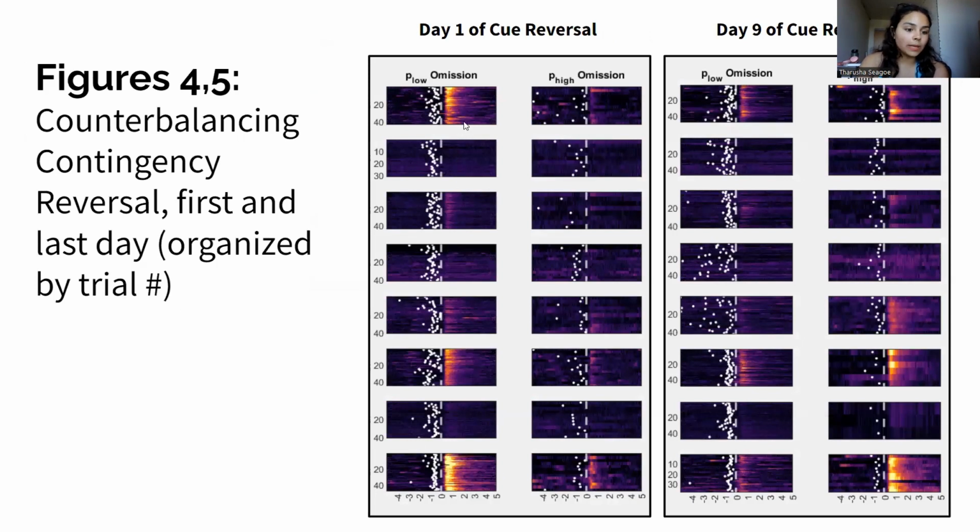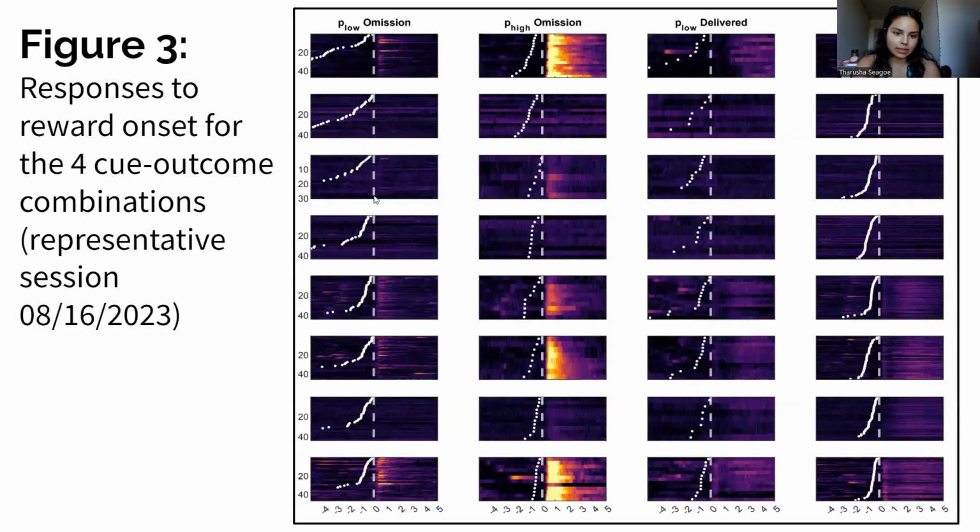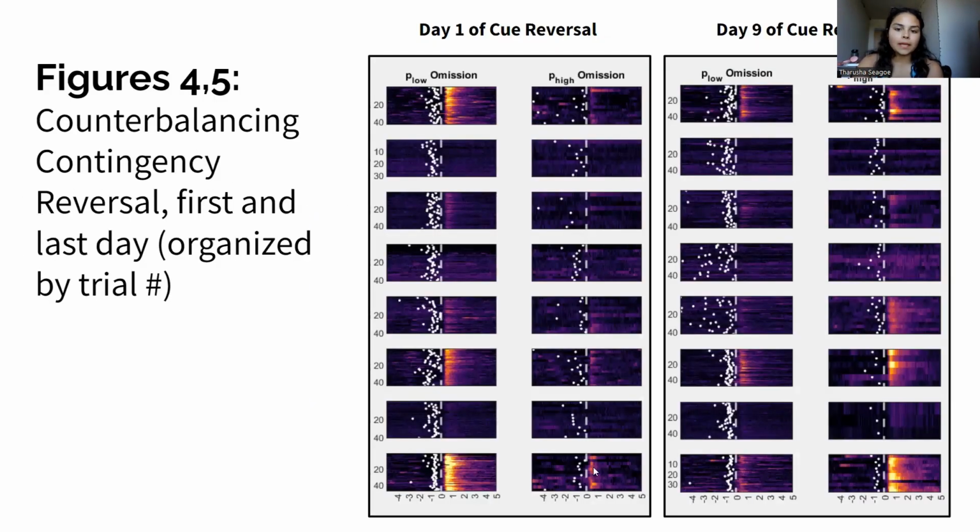Now this is the old P high omission and the new P low. And similarly, the original P low, or low probability to omission situation, we didn't see much response like this. And so that's reflected in this day one pre-training.